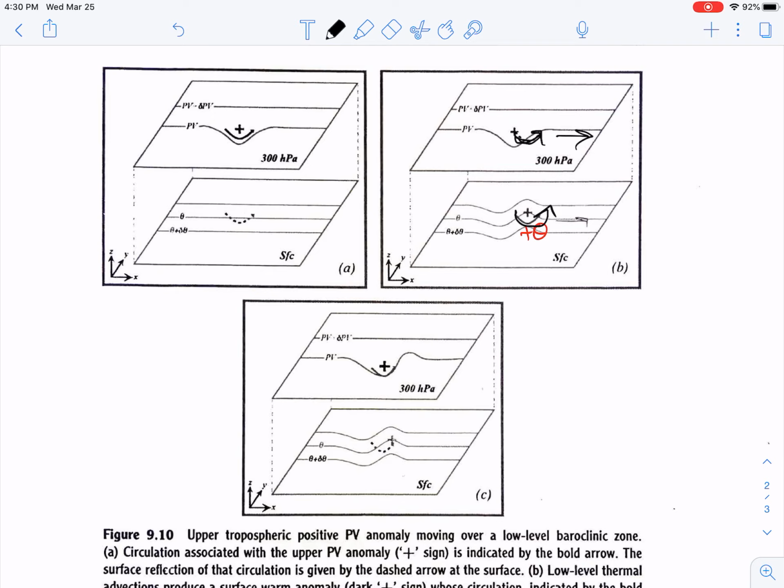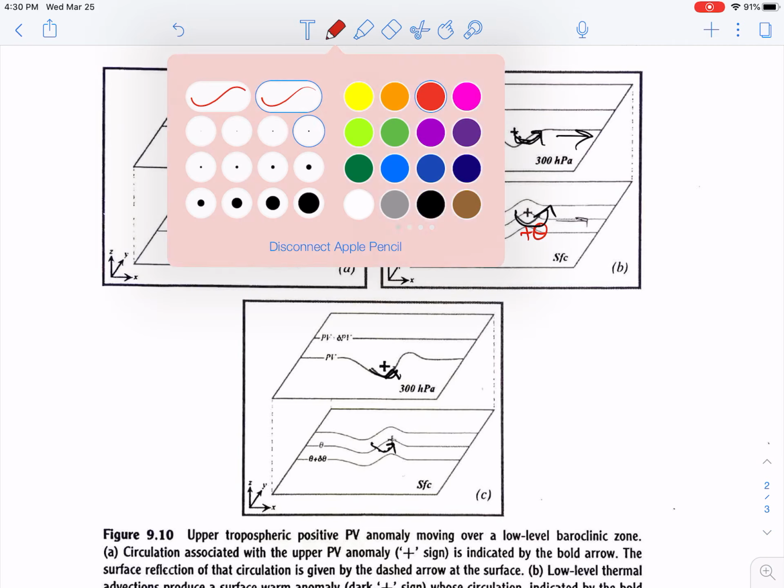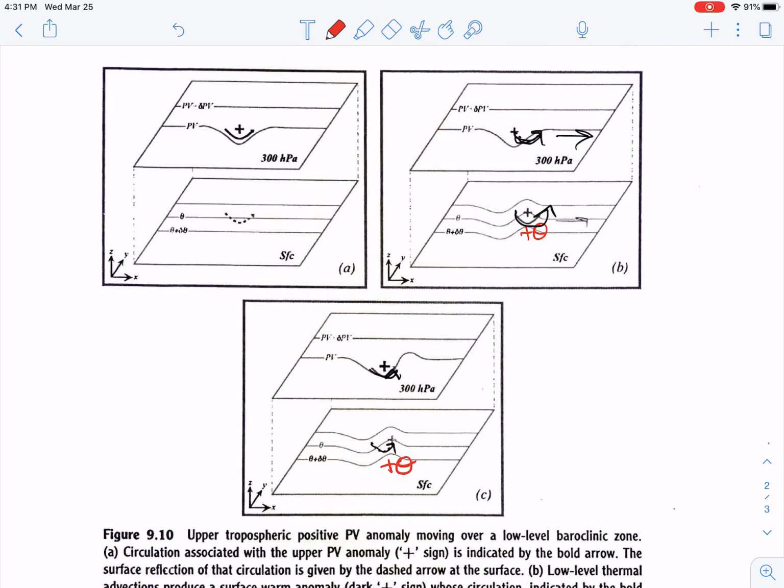If we move that positive PV anomaly downstream, we then induce a new cyclonic circulation associated with that positive PV anomaly, which then reinforces a surface positive PV anomaly to create a stronger positive theta anomaly, which then will induce its own circulation and again reinforce some advection of PV aloft, further increasing the strength of this trough.